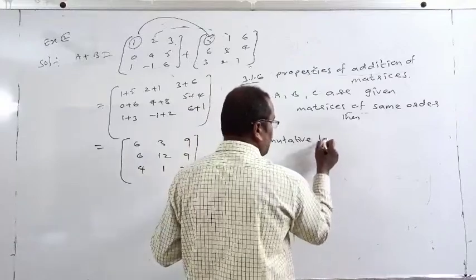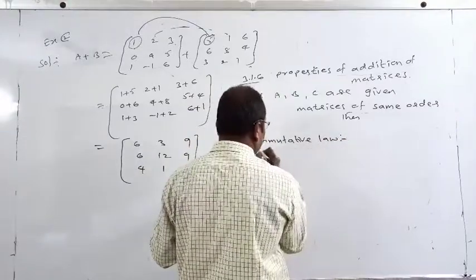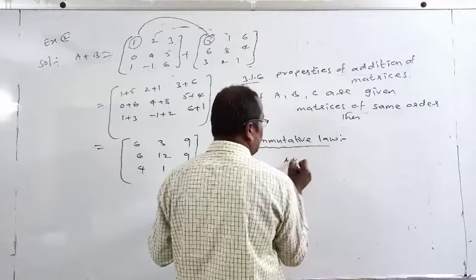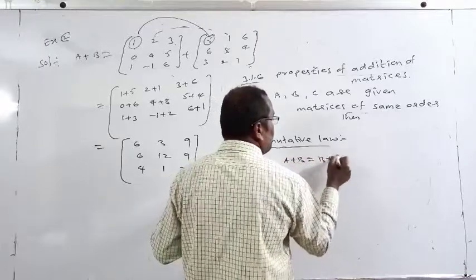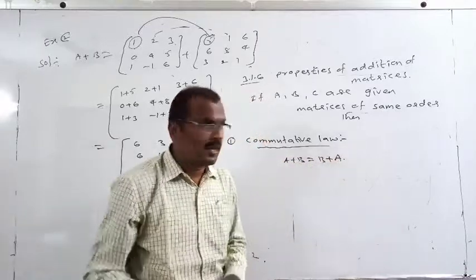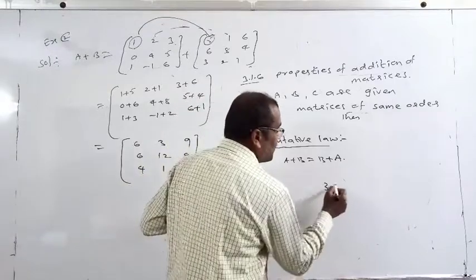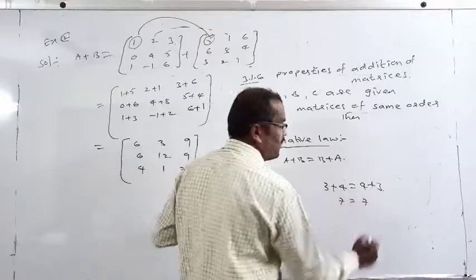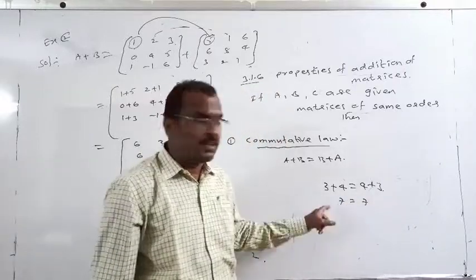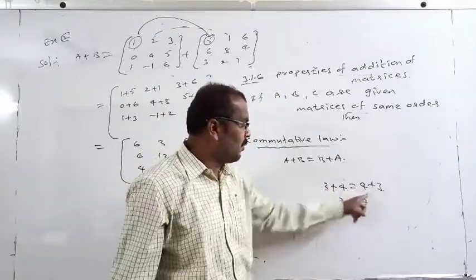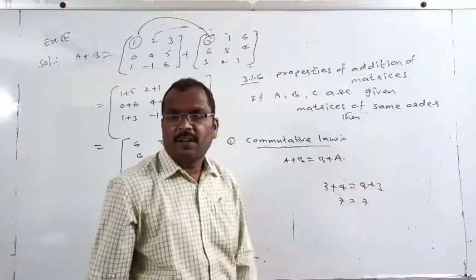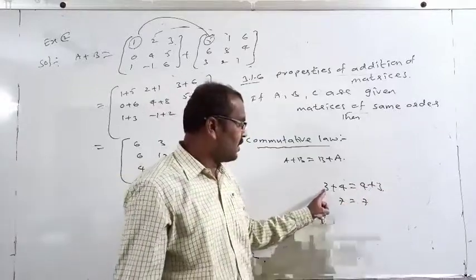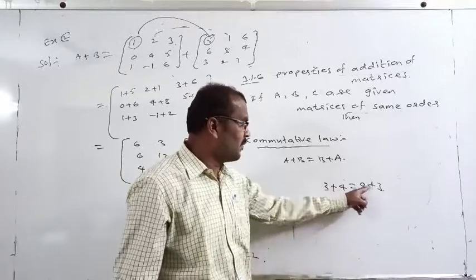The first one is the commutative law. What is that? A plus B is equal to B plus A. Like in number theory, 3 plus 4 is equal to 4 plus 3, 7 equal to 7. Here first 3, next 4, but there first 4, next 3.